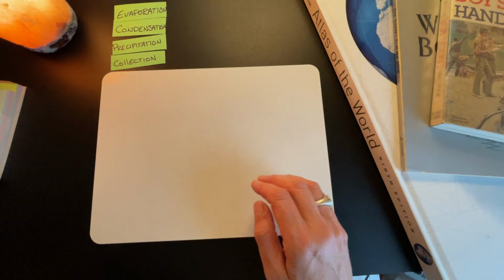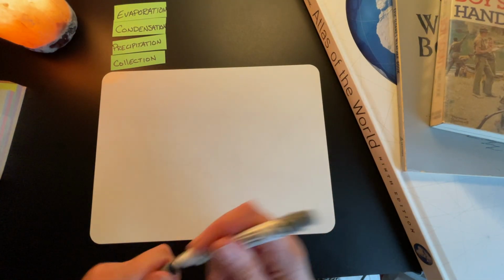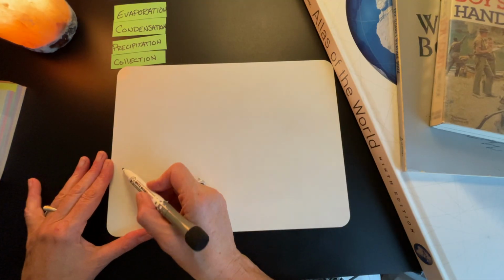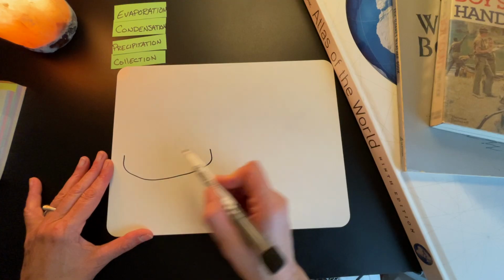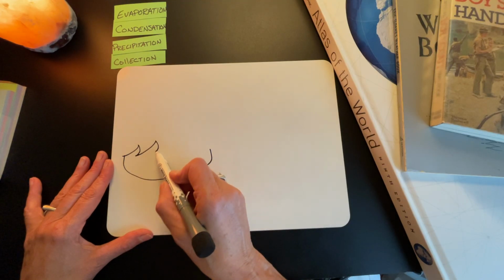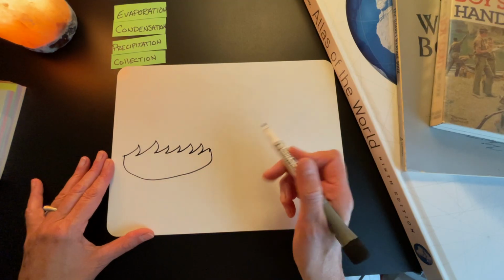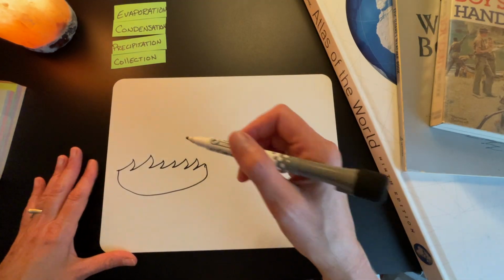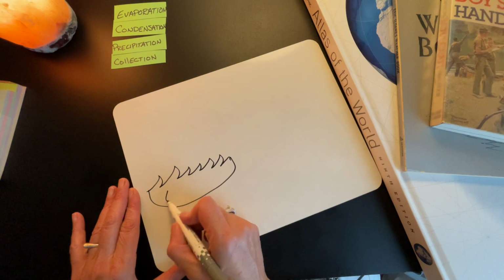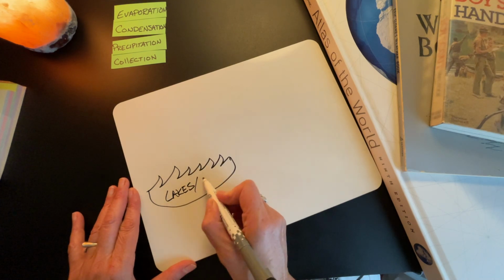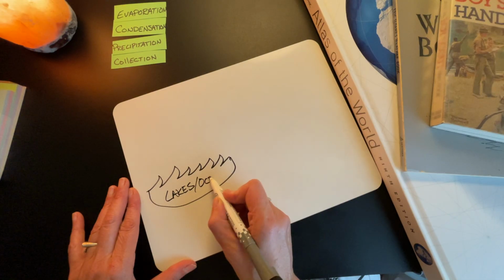So I thought maybe we could draw a little visual. So you have your lakes and your oceans and your rivers, groundwater, your water sources, lakes and oceans, biggest of them.